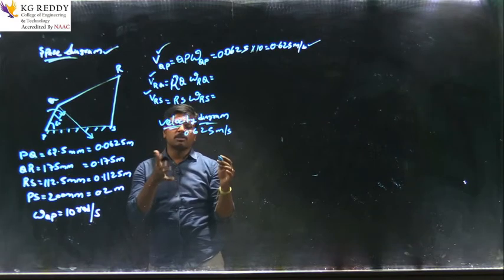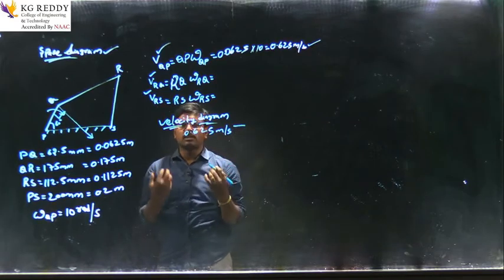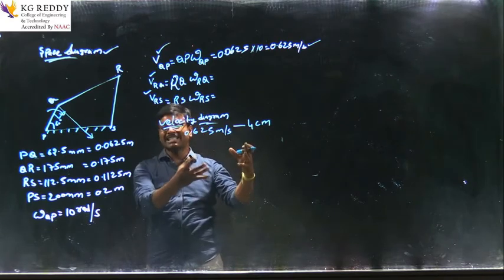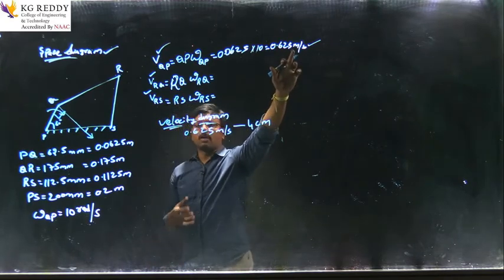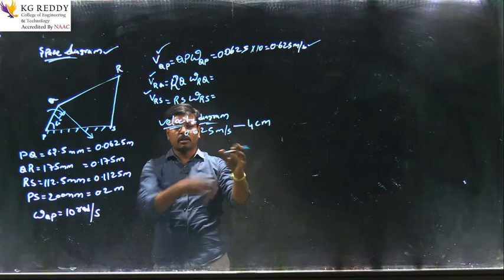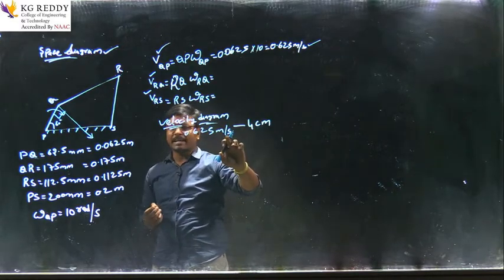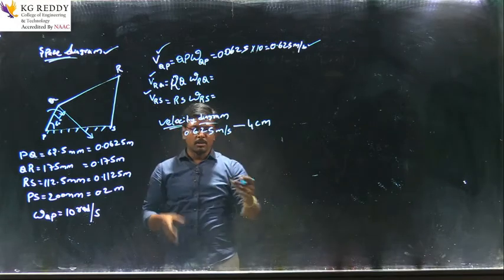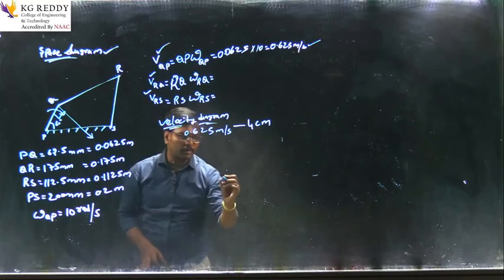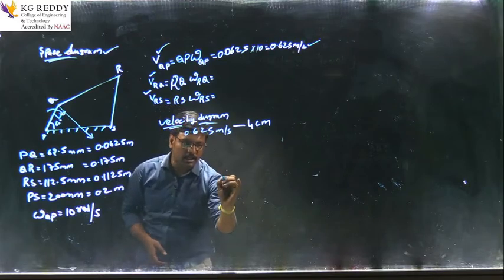How much length we take is up to us. I can consider this as 4 centimeter or 5 centimeter or 6 centimeters. This is the velocity that we are representing in centimeters. Actually it is meter per second, and we are converting into centimeters. PS is a fixed link, and whenever we have a fixed link we consider it as a point.